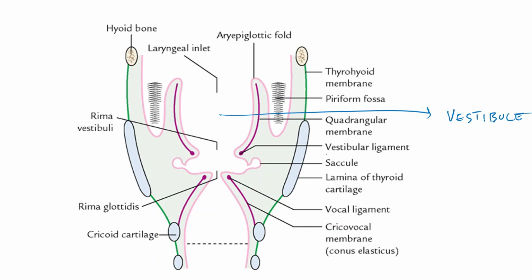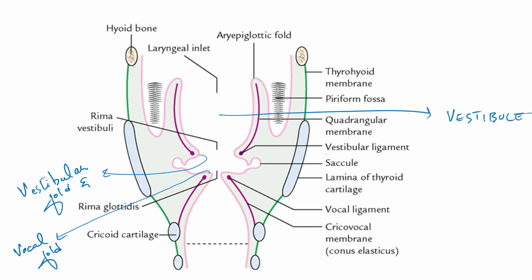Now, the area which lies between the two folds, that is the vestibular fold and the vocal fold over here. This is the vocal fold.